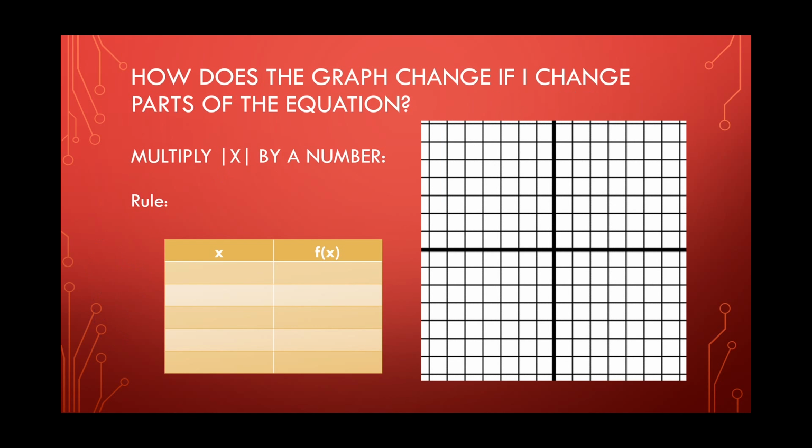So the first thing we're going to look at is what happens if I multiply by a number. What do you say we go 3?